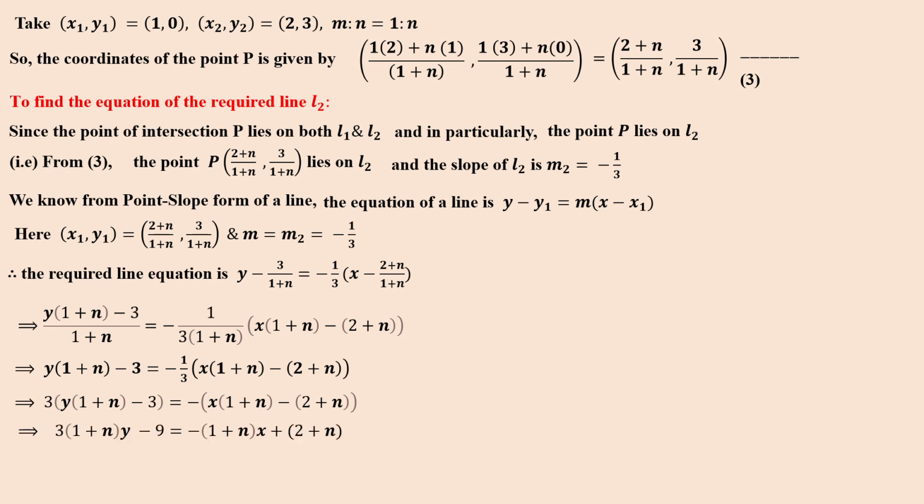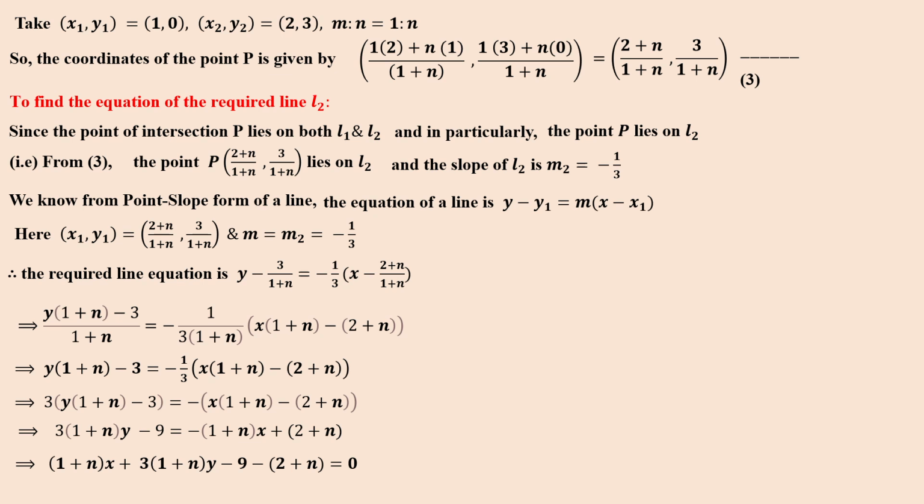Multiplying, on the left side we get 3 times (1 plus n) y minus 9, which is equal to, on the right hand side, minus (1 plus n) x plus (2 plus n). Now we take the x term and the constant term, that is (2 plus n), to the left hand side.